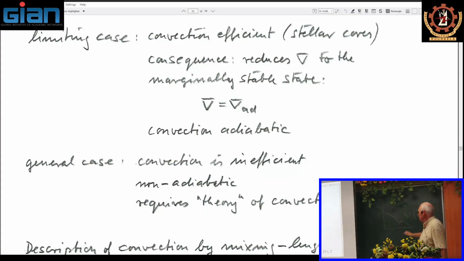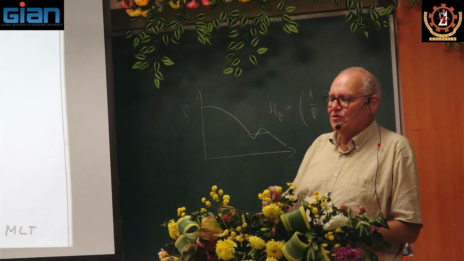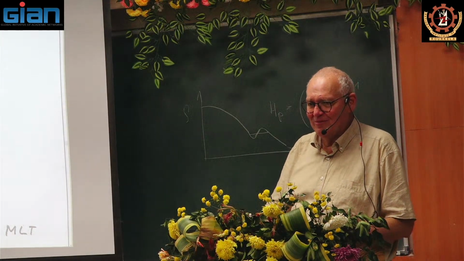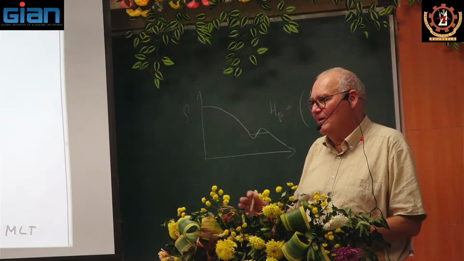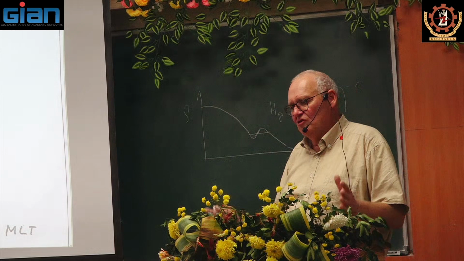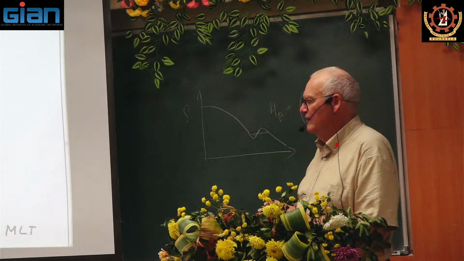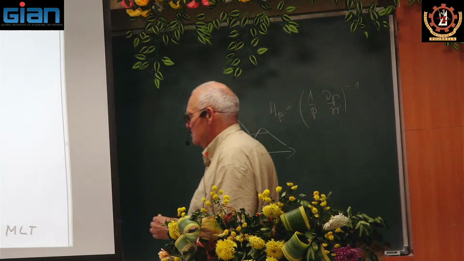Some people take 1 pressure scale height for the mixing length. Some people take 2 pressure scale heights. Usually people take some value in between, 1.5 pressure scale heights for the mixing length, and the mixing length is a measure for the mean free path of a convective element, or alternatively of the dimensions of a convective element.